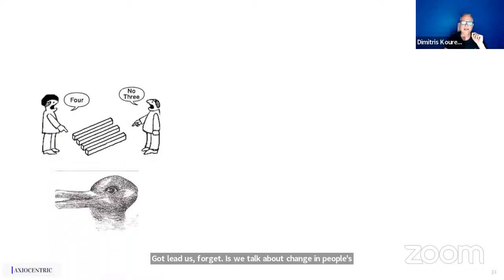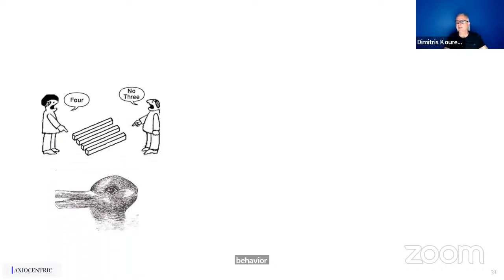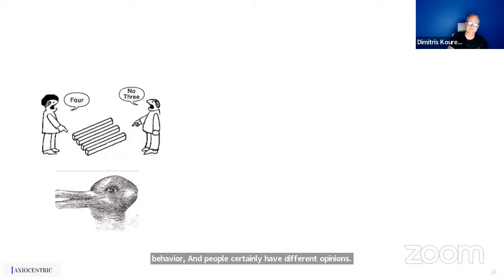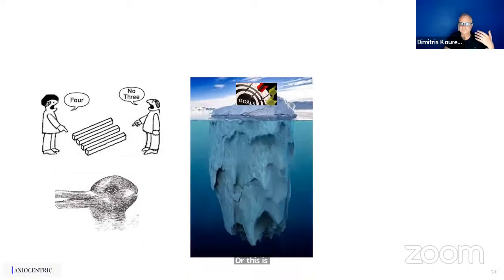What leaders forget is we talk about changing people's behavior, changing people. And people certainly have different opinions, they have different perspectives. Somebody can say this is a bunny, somebody can say this is a bird, or this is 4 or it is 3, that's normal, right?